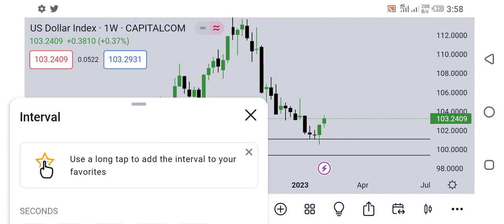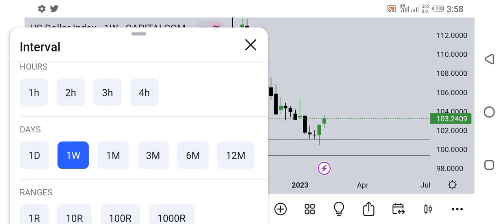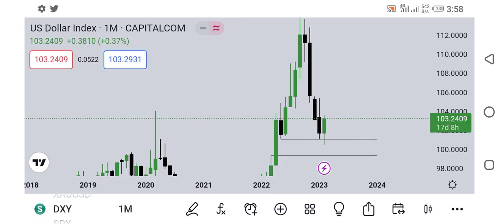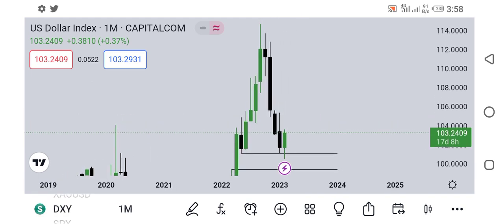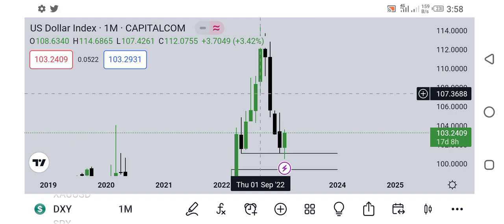Let me go back to the monthly chart, for example. If you ask me where I will anticipate, let's assume the US dollar will not be as strong as it was in September. Now, there are fundamentals to this. It might, it might not. There is going to be a CPI release on Tuesday.